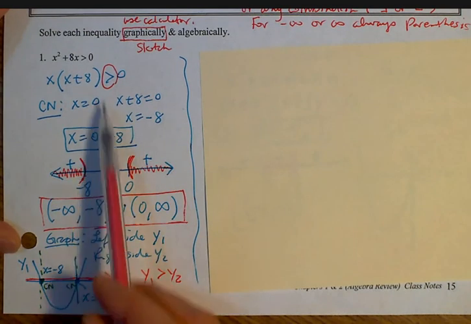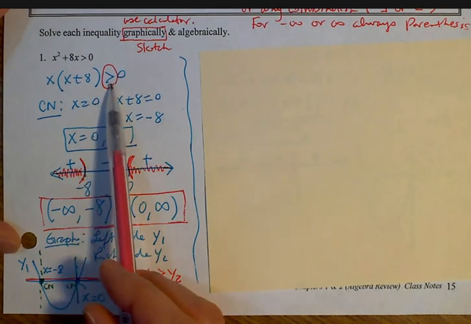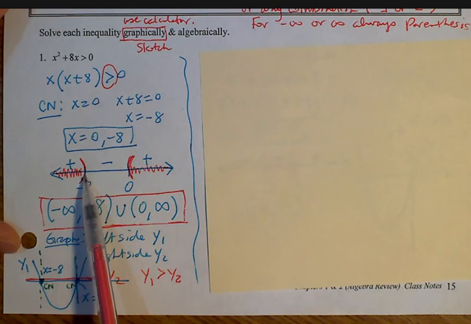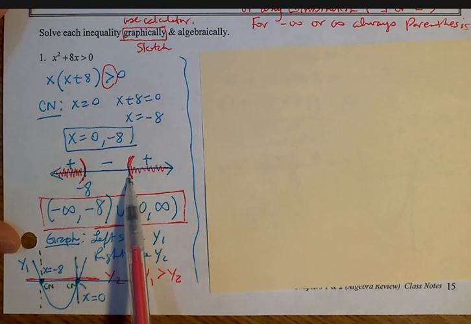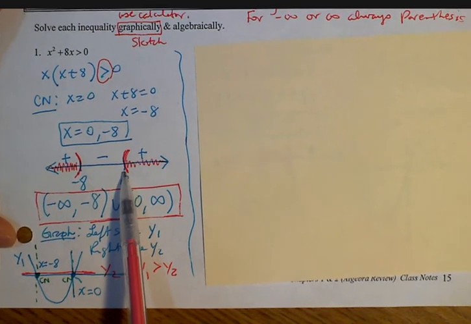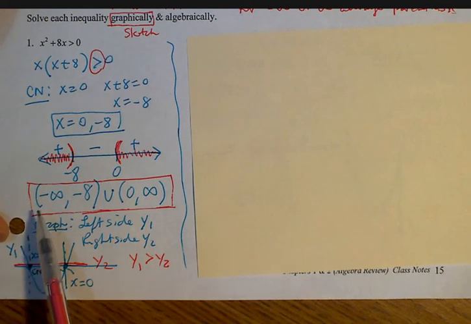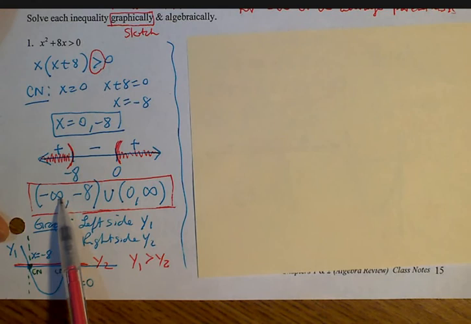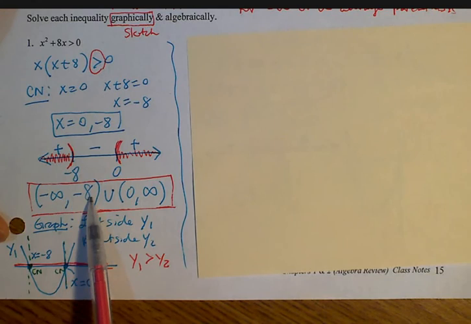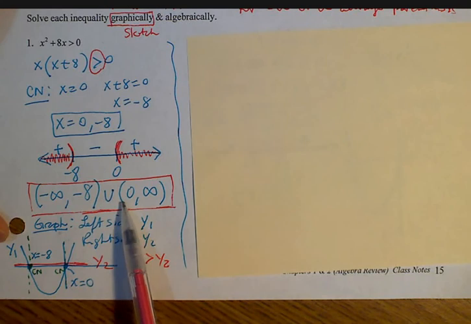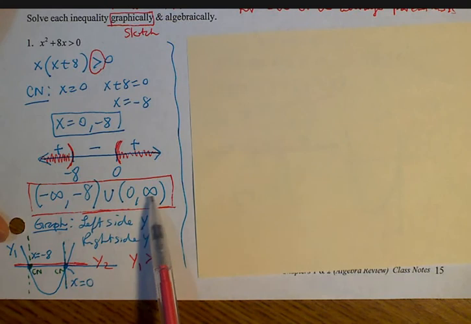And then since it doesn't say equal to, I don't want to include the critical numbers, so I'm going to be using parentheses here. So my answer in interval notation is -infinity to -8, with parentheses, union, 0 out to infinity, with parentheses.